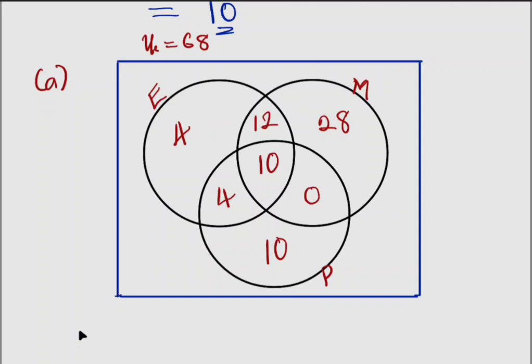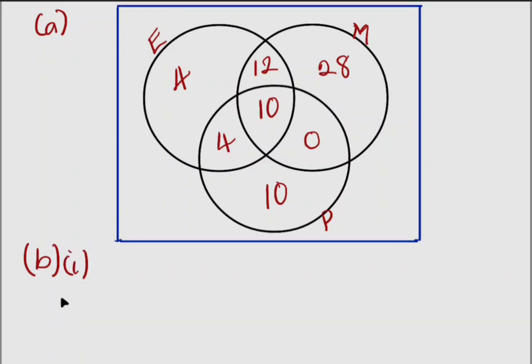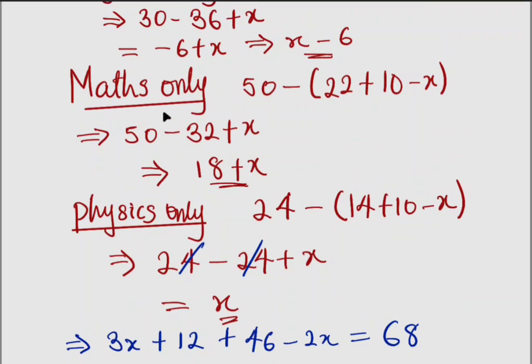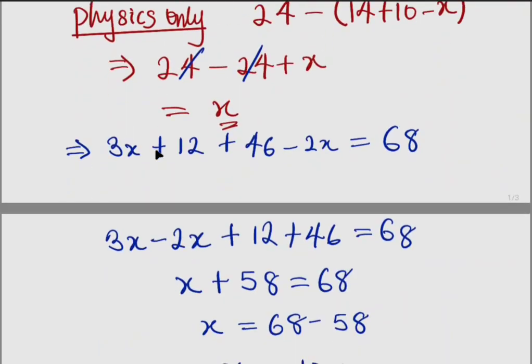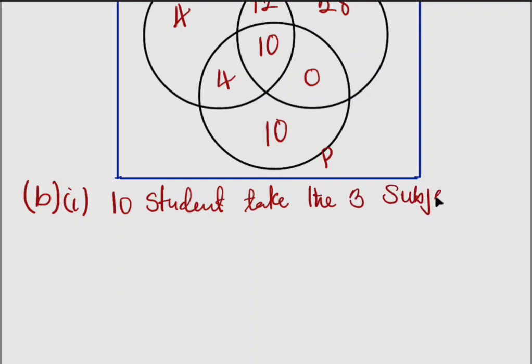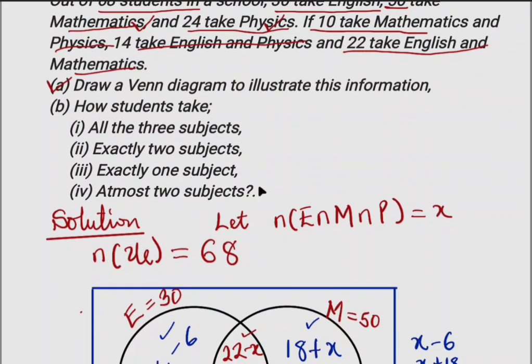So let's go to question B. In fact, we have solved everything under question B, only that we will be putting them one after the other from our solution. The question says that we've established that 10 students take 3 subjects. Okay, then Roman figure 2 says exactly two subjects.